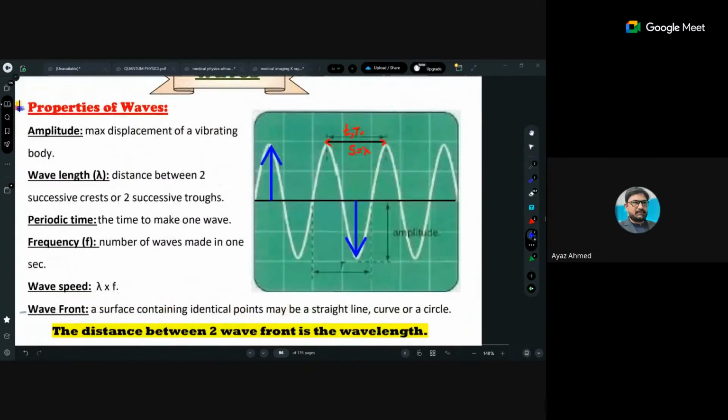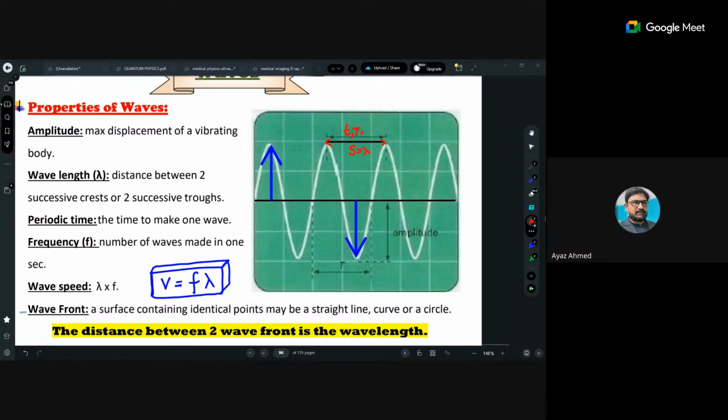Then we have the wave equation. Actually, the wave equation is, sorry, wave speed, that is v = fλ. This wave speed is also called the wave equation. That is one of the points you have to remember, where f is the frequency and λ is the wavelength.